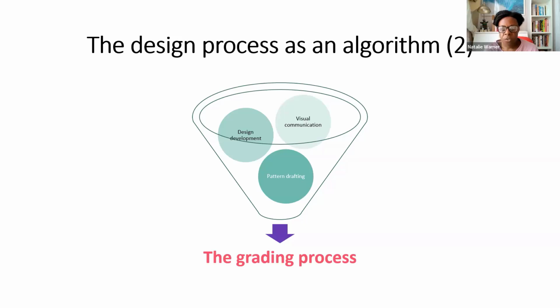So I just want to stress that now. It's not that you have to go bish, bash, bosh, grade. Sometimes there will be a little bit of toing and froing as you work through the ideas. But essentially what will happen is that these three things, your visual communication, your design development, and your pattern drafting, those will all feed into the grading process, no matter how you tackle them beforehand.